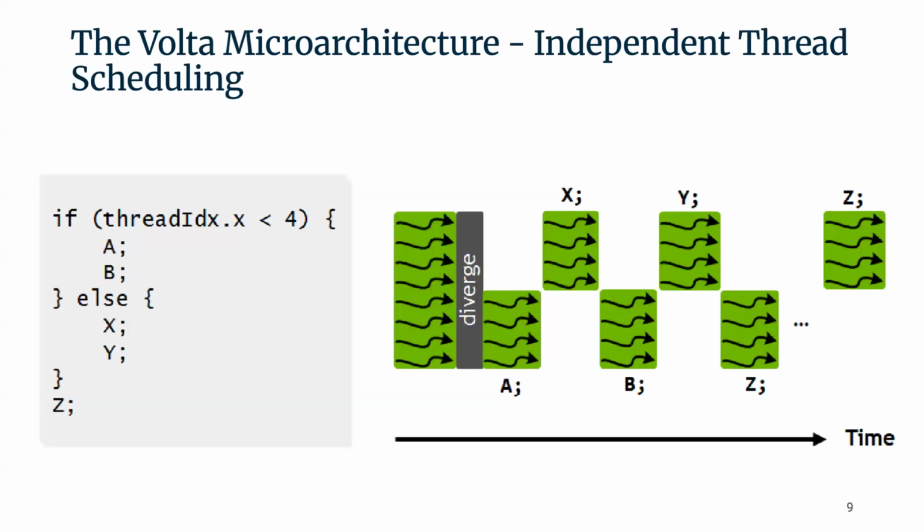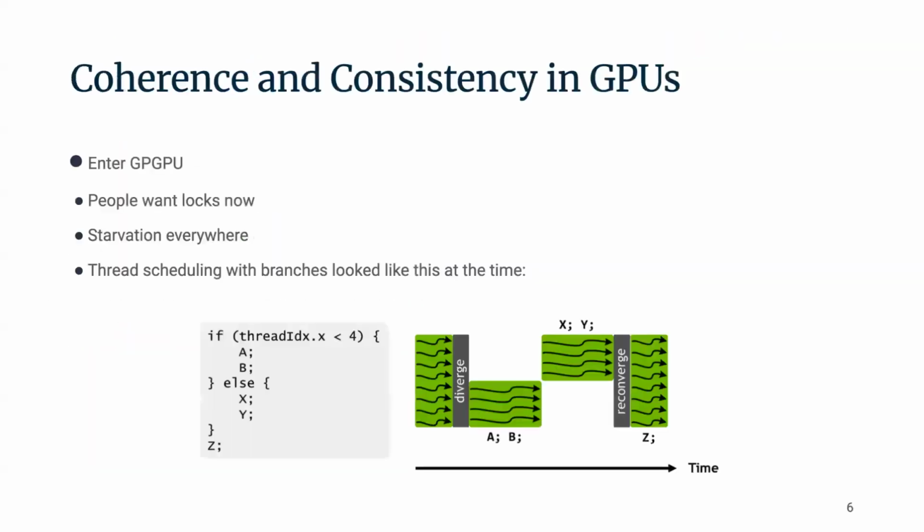So here we execute A, then X, then B, then Y. But before, A and B had to execute first. We could not stop executing A and B and do something in the middle. So you stall until all of them are done, then advance the program counter for everybody, and then go back and do the other branch. So you had to go through all of the A and B first.